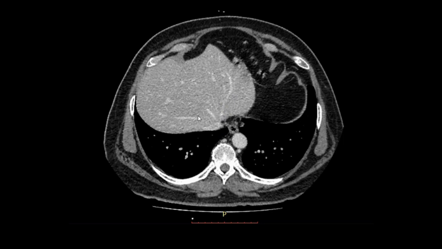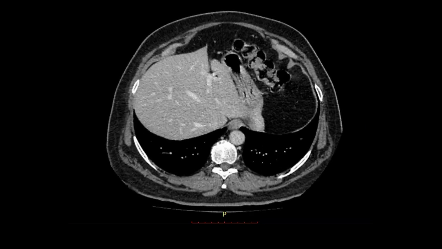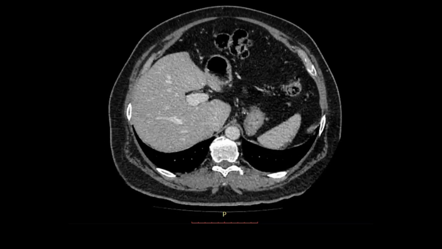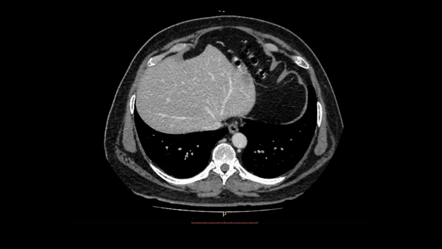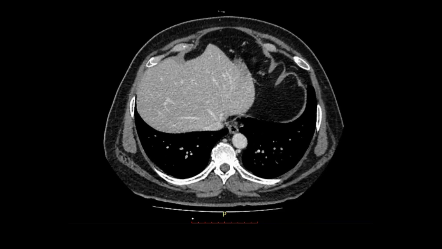So you can see the veins here: the IVC, the aorta, the left hepatic vein, middle hepatic vein and right hepatic vein. This is what helps you to divide. I'll again say the best way to see a scan and diagnose diseases on a scan is to see it on the console, the CT machine, because you can scroll the images and you can see everything in the images.